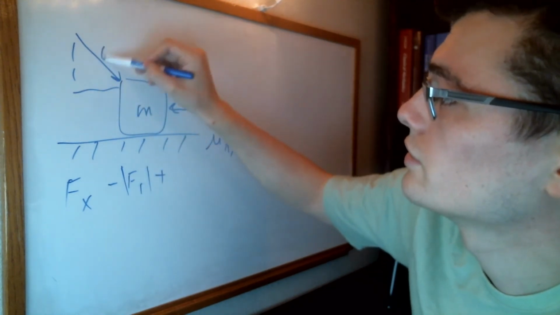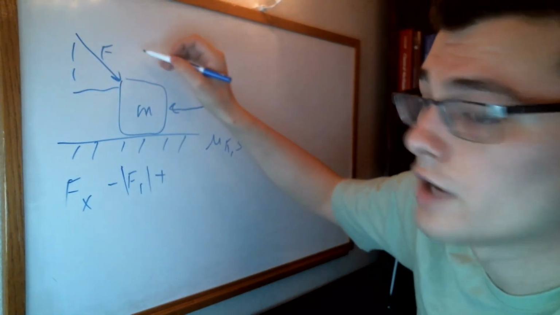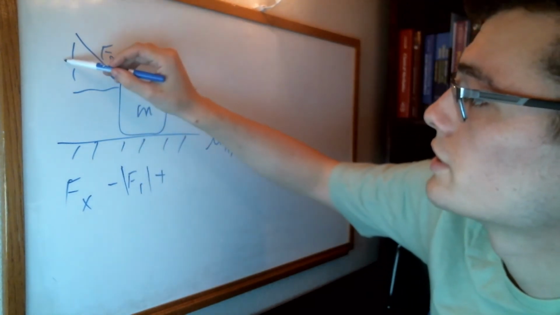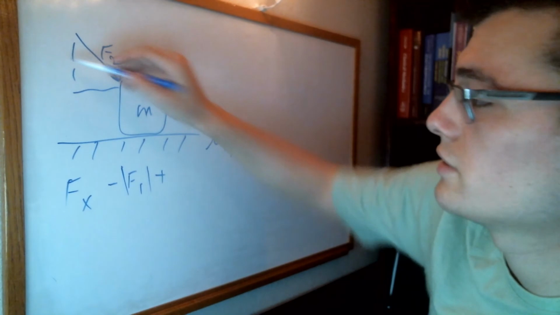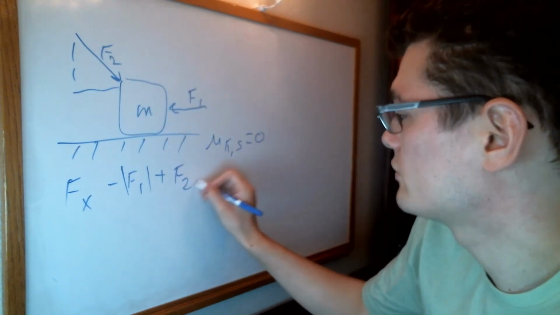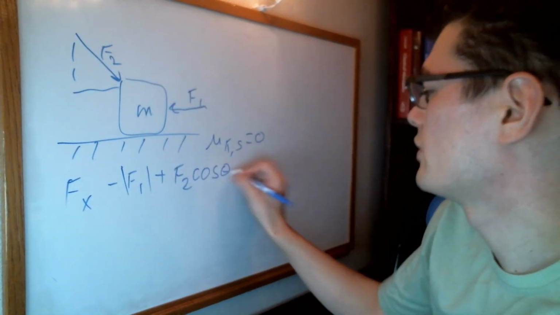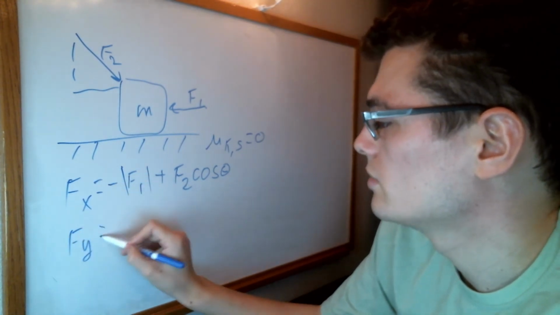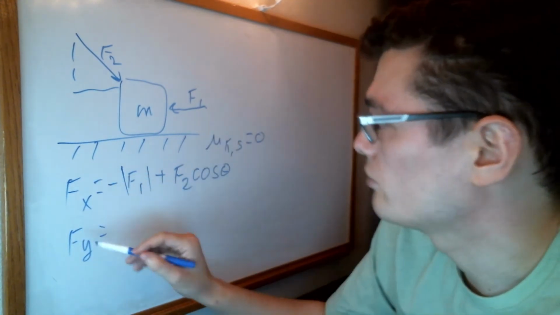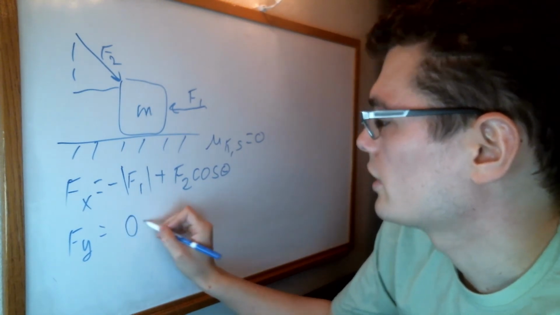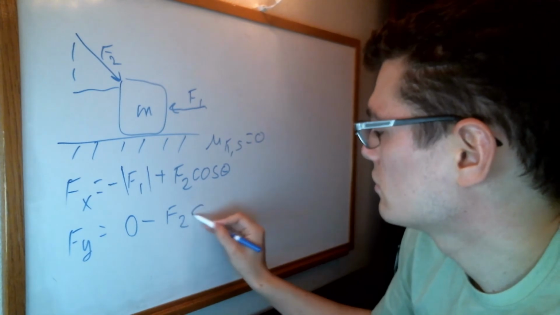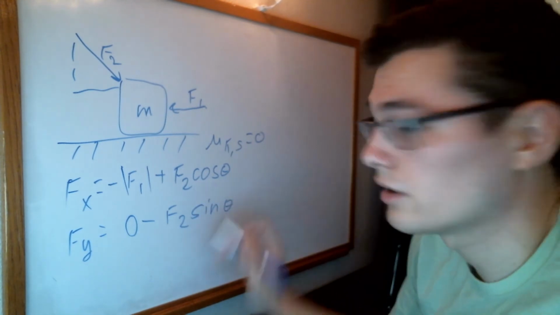This is going to be F2, and this is going to be the opposite, so that's the sine, so we're going to use the cosine: F2 cosine of theta. And then Fy is just going to be equal to 0 from F1, so we can put that there, and then we're going to have negative F2 sine of theta.